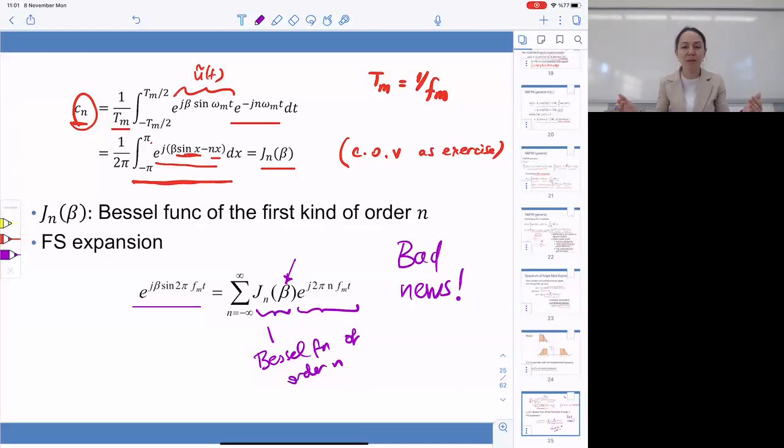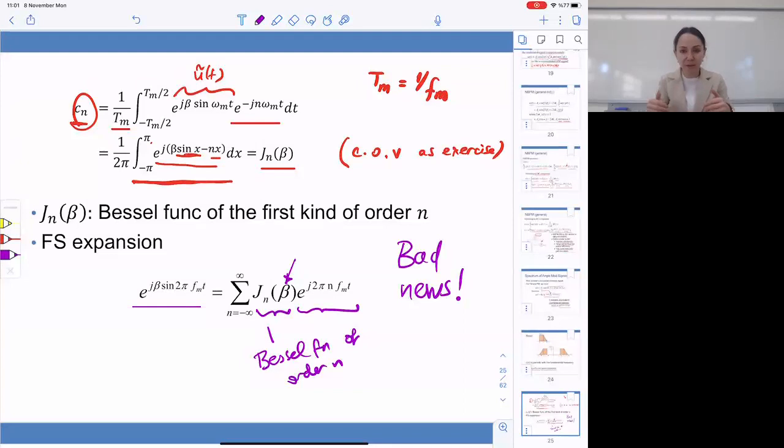So its bandwidth is theoretically infinite. Originally, we were doing the narrowband limits. In the narrowband limits, only 2 of these Bessel functions are non-negligible. And we got something like AM that we know how to deal with.